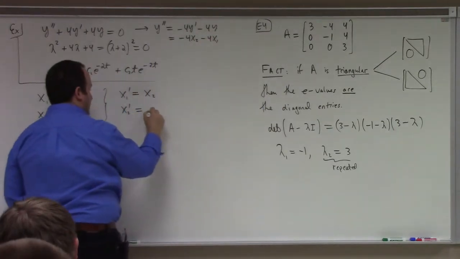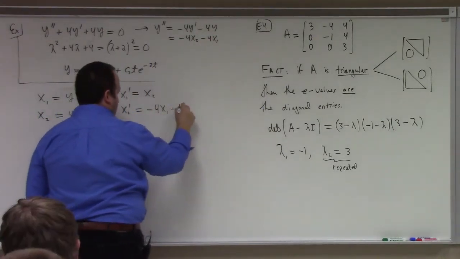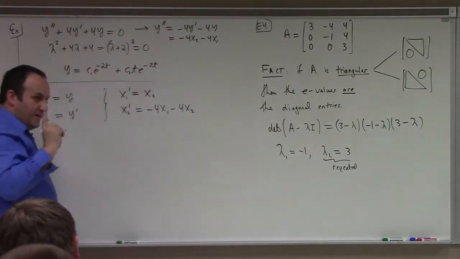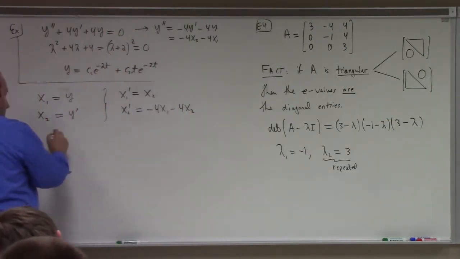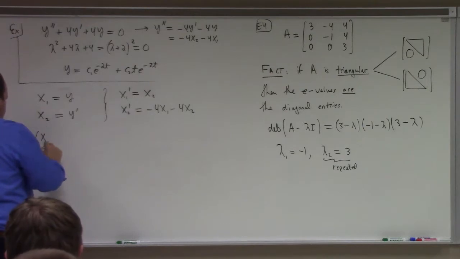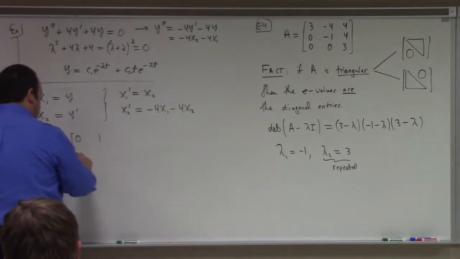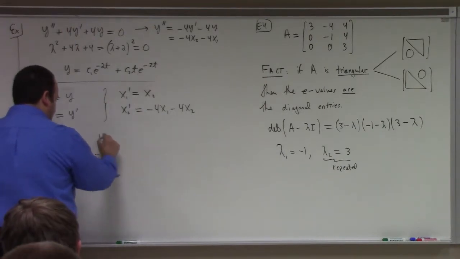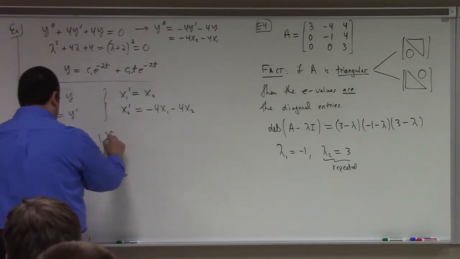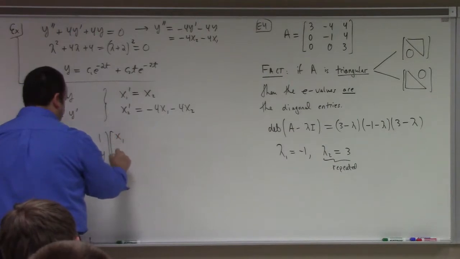It's minus 4x1 minus 4x2. So apparently, if we look at this matrix problem, (x1, x2) prime equals the matrix with rows (0, 1) and (minus 4, minus 4) times (x1, x2), this thing must somehow suffer the same fate as my example 3.